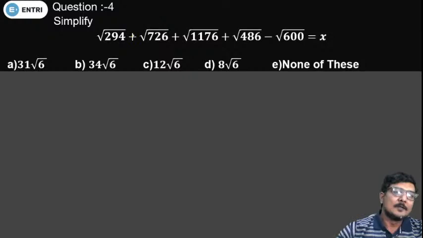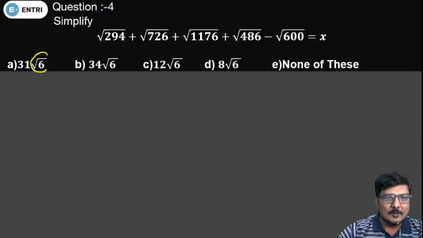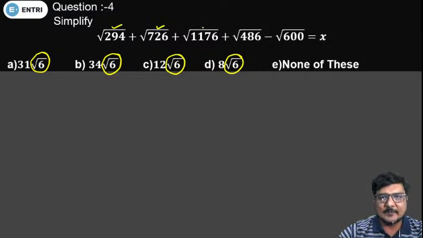So what we are seeing is that all the options are carrying root 6. It means that all these numbers 294, 726, 1176, 486 and 600 should be a multiplication of 6. So we are breaking all these numbers into 6.